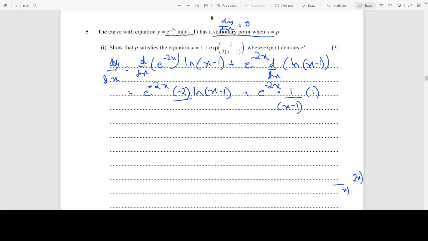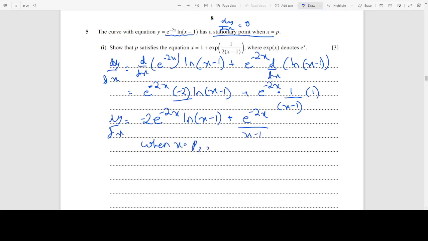So minus 2 e raised to minus 2x into ln x minus 1, plus e raised to minus 2x upon x minus 1 is dy/dx. And when x equals p, dy/dx is simply 0. So we can just substitute x as p and dy/dx as 0.